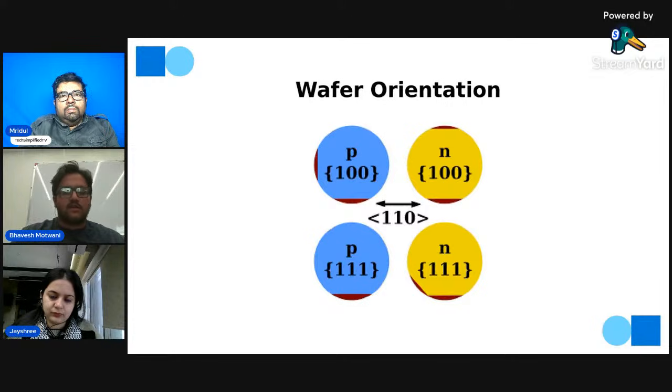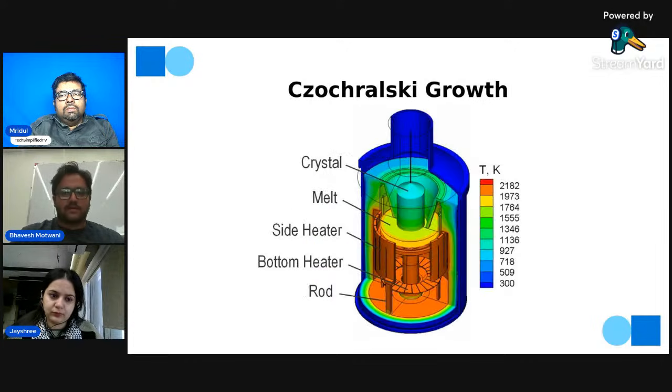It can be 010, 001, or 101, 011, or anything like that. So it is basically the arrangement of atoms, and it also differs in the density of atoms arranged. Like, the highest density will be 111 and the lowest will be 110. So we can understand it based on that parameter.